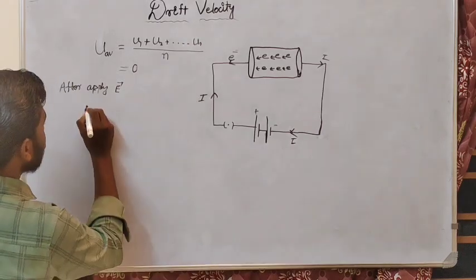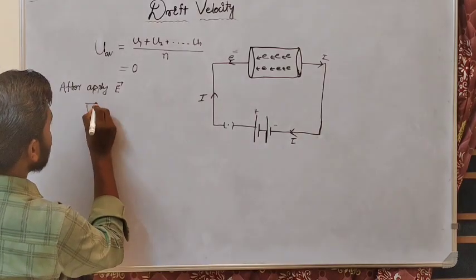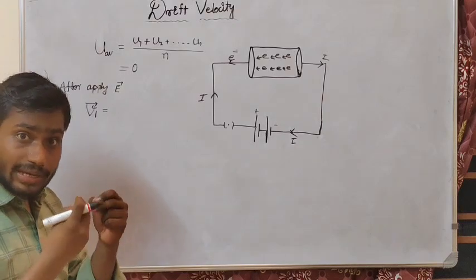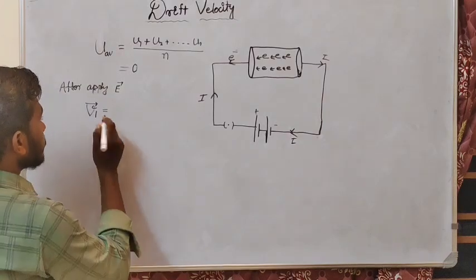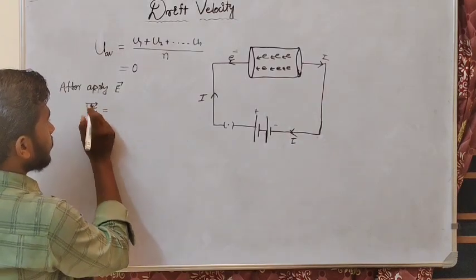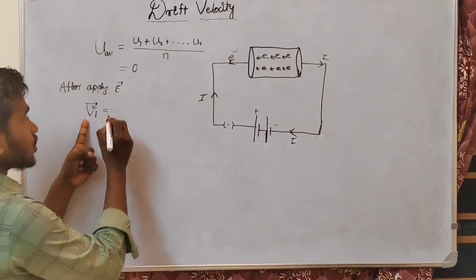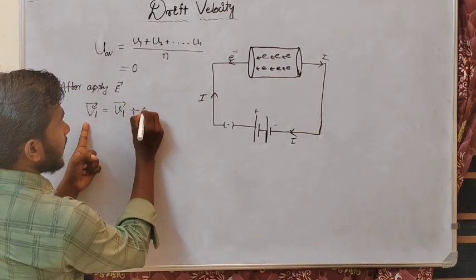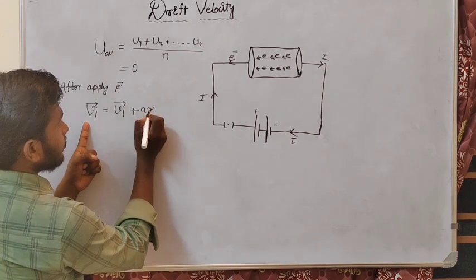That velocity will be v, and we know the kinematic equation: final velocity equals initial velocity plus acceleration into time.